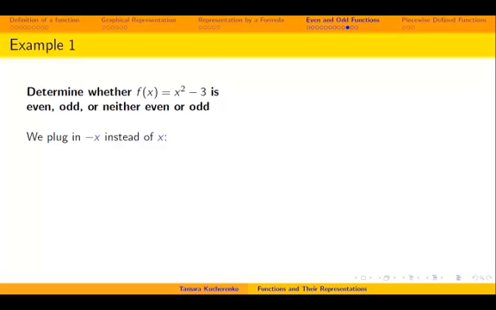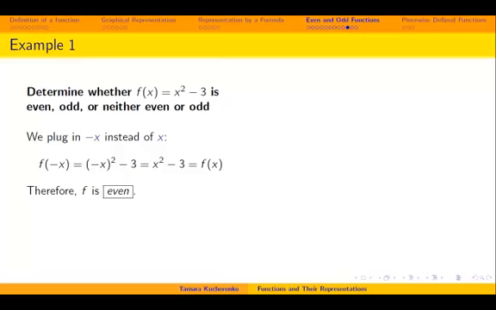We plug in negative x instead of x. f of negative x equals negative x squared minus 3, which simplifies into x squared minus 3 because negative 1 squared gives you 1. x squared minus 3 coincides with f of x. Therefore, this function is even.